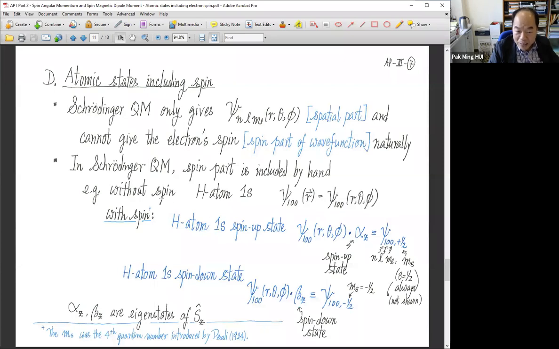But now with spin in our mind, we could further label this state with a description of the spin of the state. For example, 1s spin up. Then you have this 1, 0, 0 spin up, okay? Or, as Pauli required, invoke a fourth quantum number that has to do with MS.